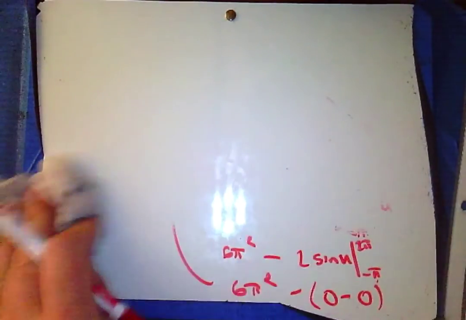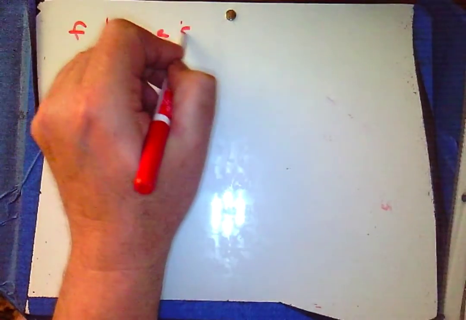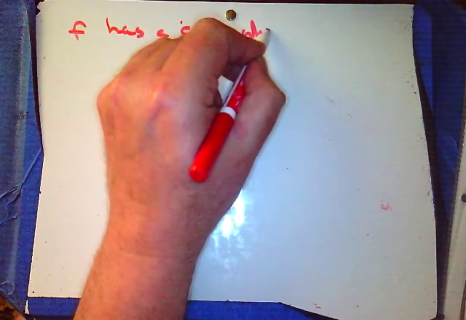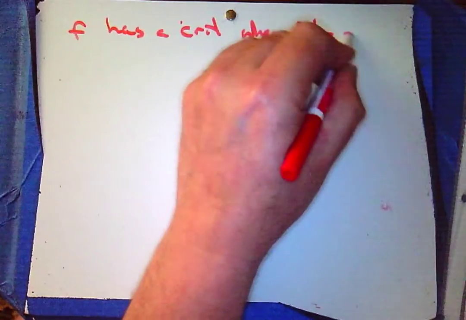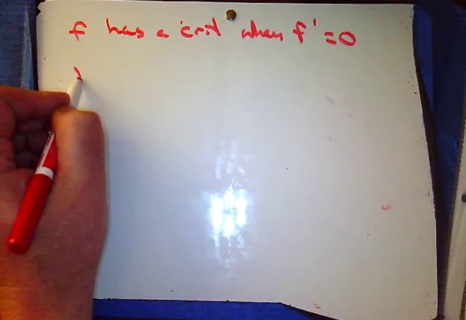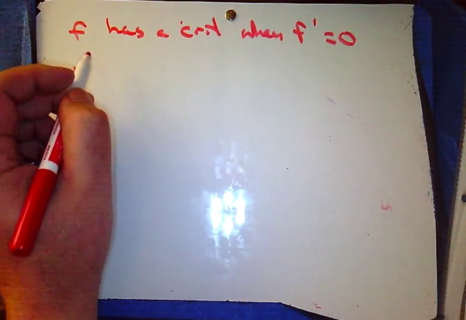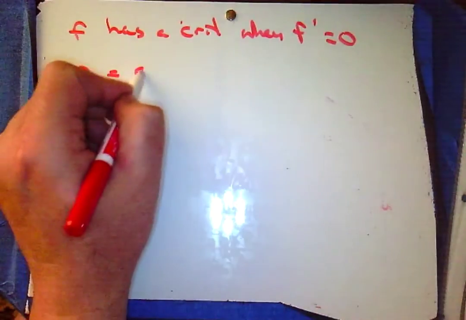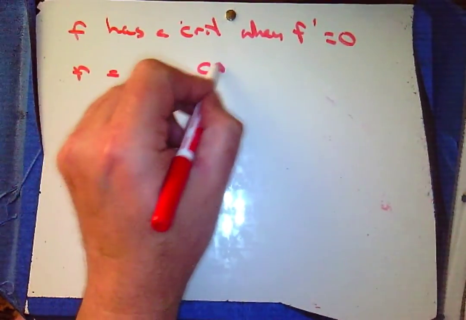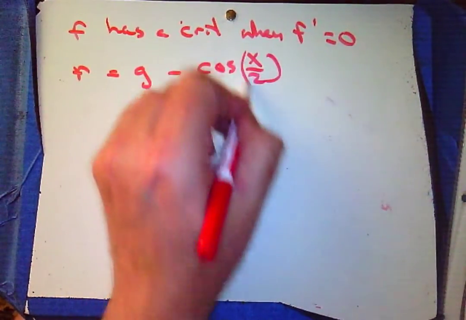What about part B? Part B says find the values on the open interval for which f has a critical point. f has a critical point when f prime equals 0. So let's look at the way our f function was defined again. It was defined as g minus cosine of x over 2.